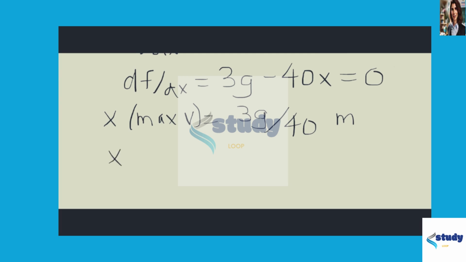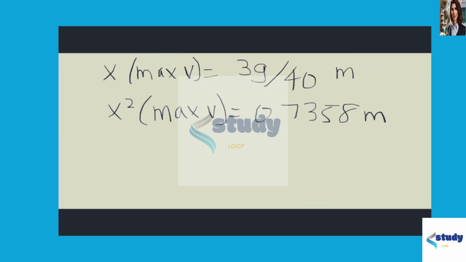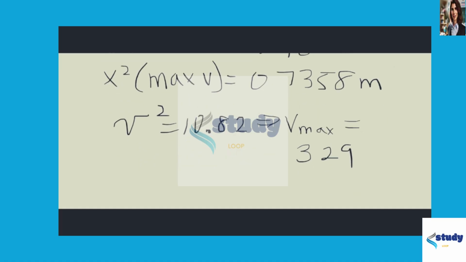So x at max v is equal to 0.7358 meters. Plugging this into our equation for v, we get a v² of 10.82, which results in a maximum v_max equal to 3.29 meters per second. And that is our final answer.